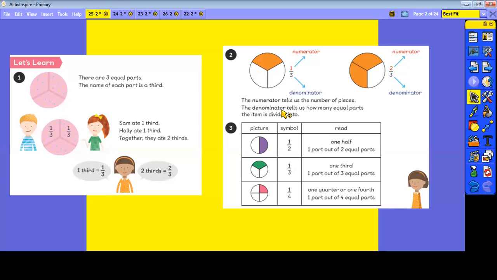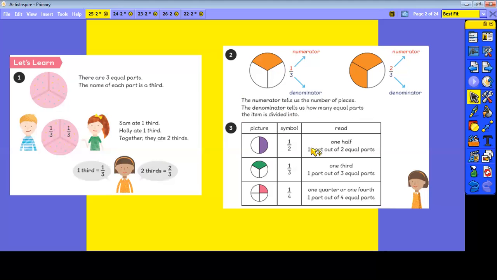Well done. The denominator tells us how many equal parts the item is divided into. Excellent. So you've learned 2 new words today, numerator and denominator.